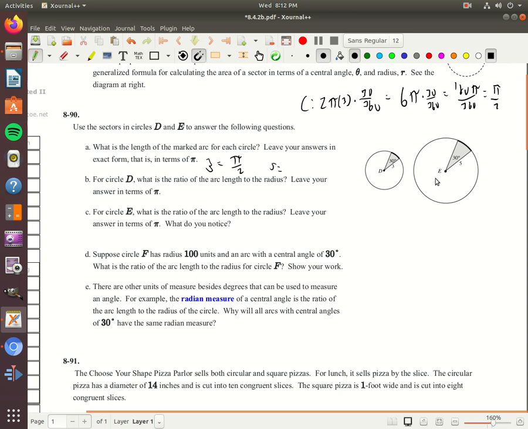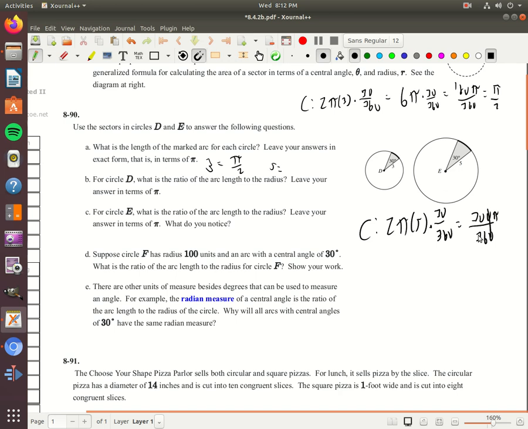If we do the one that's 5, it is 2 pi r times 30 over 360. We get 10 times 30, so we'll get 300 pi over 360. Hopefully you know we can lop off the zeros.